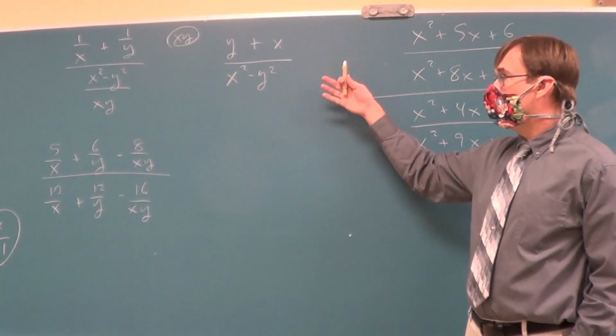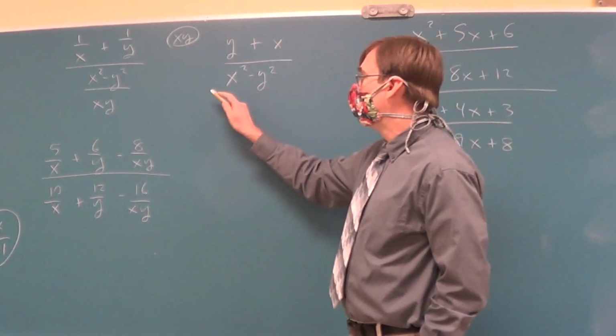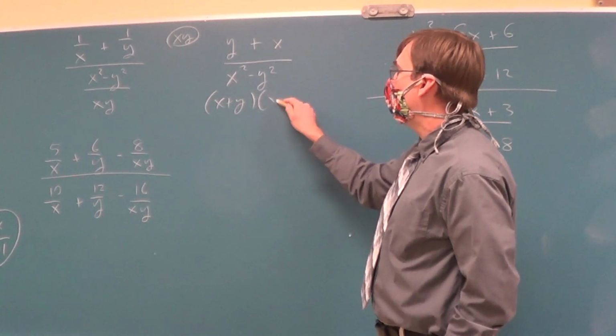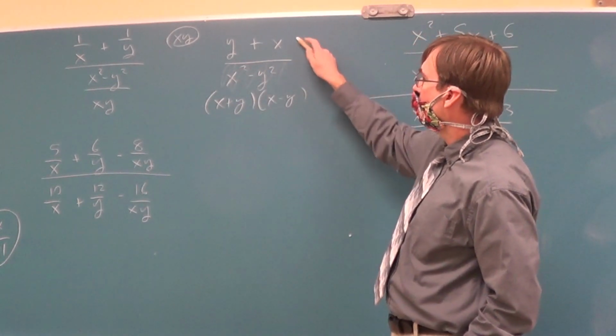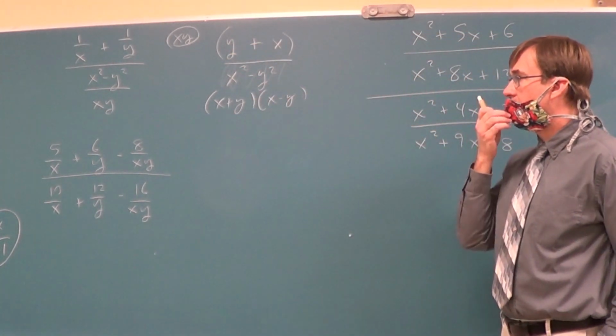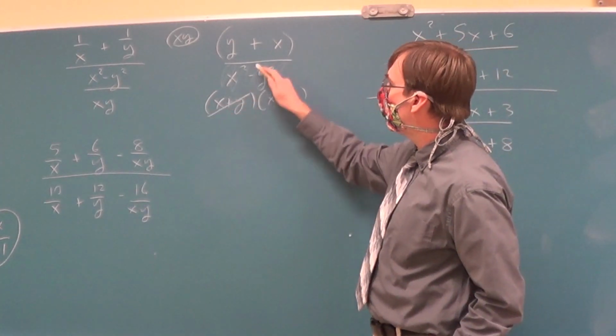Can we factor anything? That's what lets us cancel. x squared minus y squared is x plus y, x minus y. x plus y, x minus y from the bottom. So that's out, and friends are in. That's in parentheses, whether I write them or not. Does that get a cancel going? Yes. Does it matter that these are backwards?